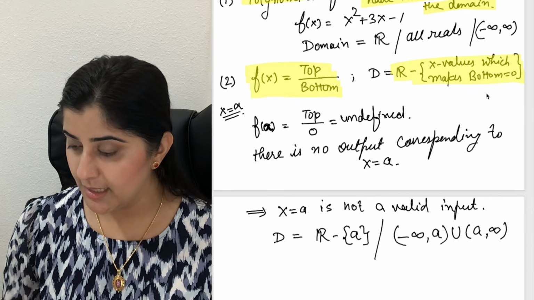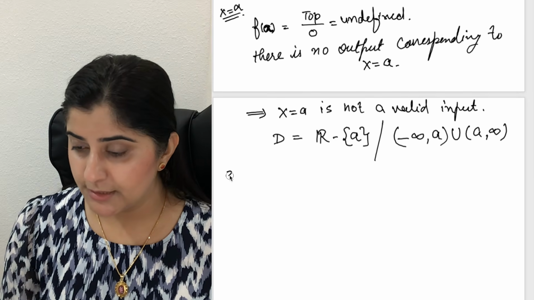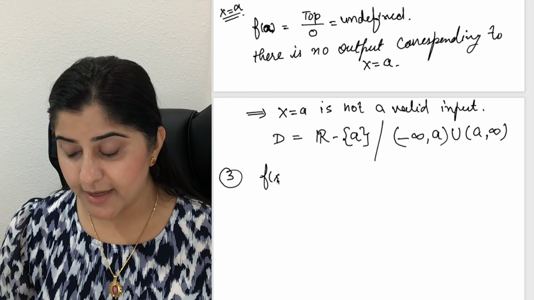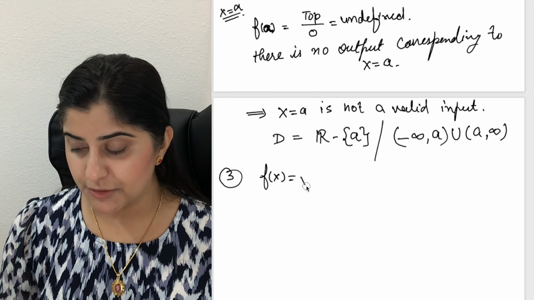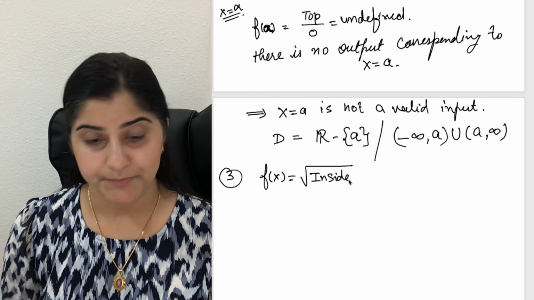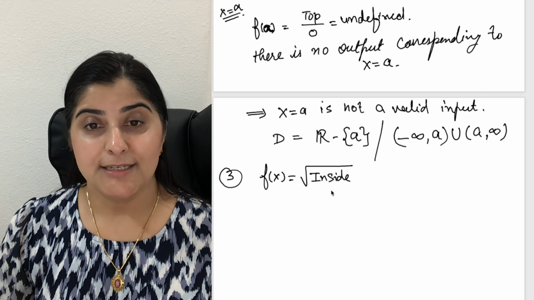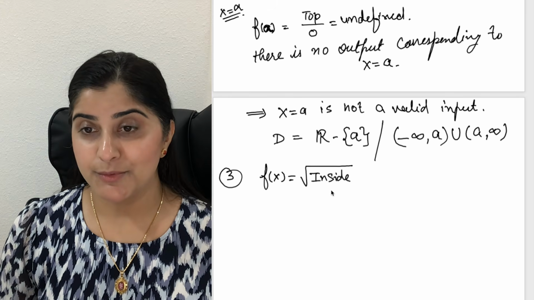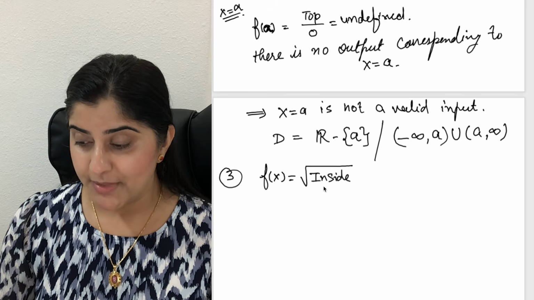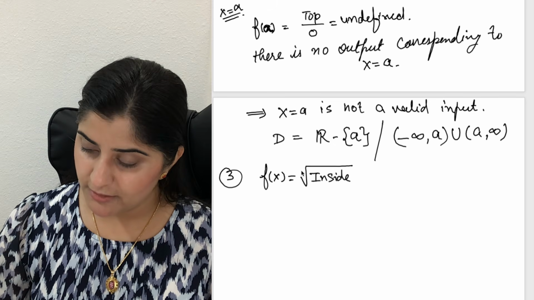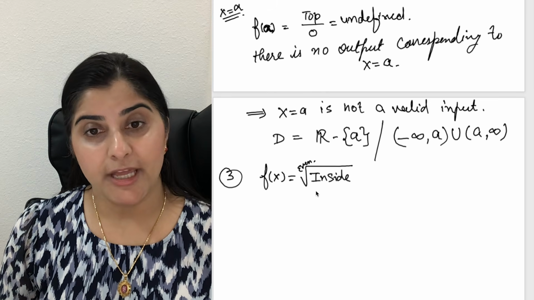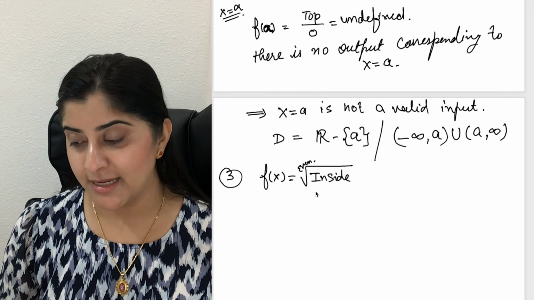So let's talk about square root things. If f(x) is a square root function, so square root of some inside function, we know that inside the even root, let me write here even, inside the even root, we cannot have negative numbers, right?